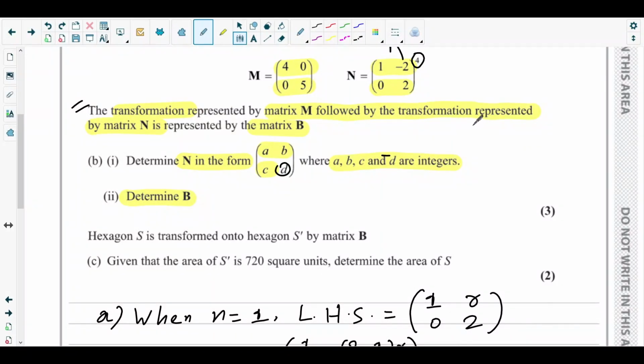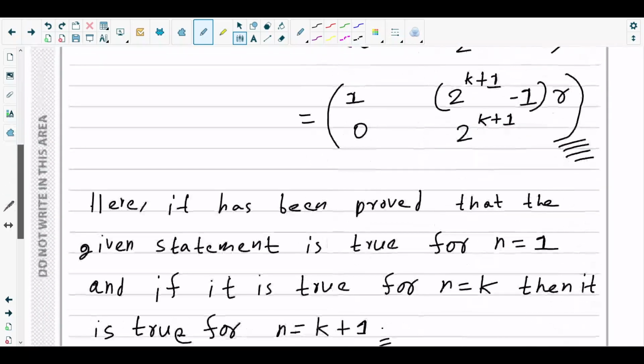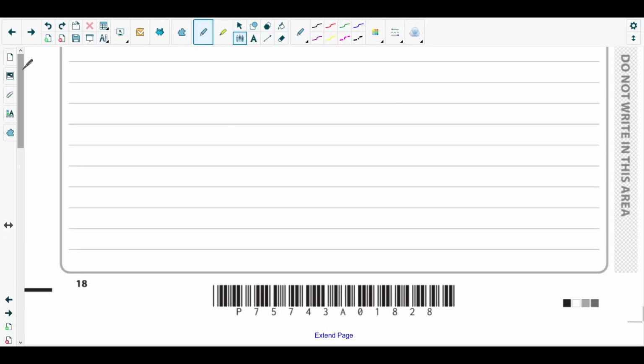The one which is said after "followed by". So N will come first because it is followed by, then M comes. So for part B2, matrix B is N M.